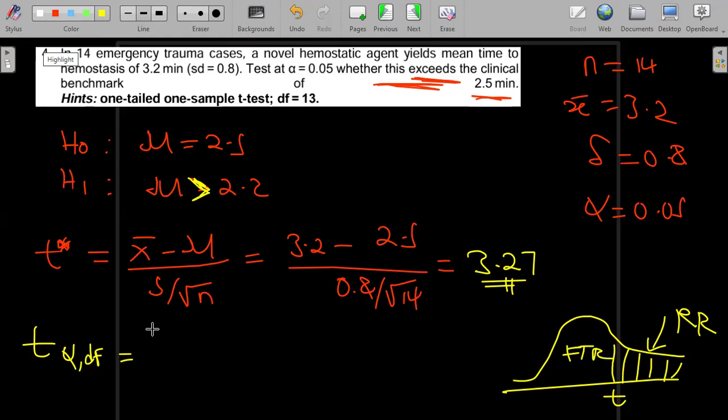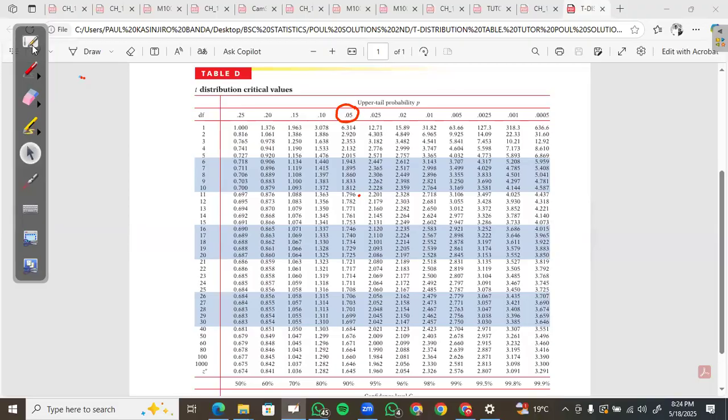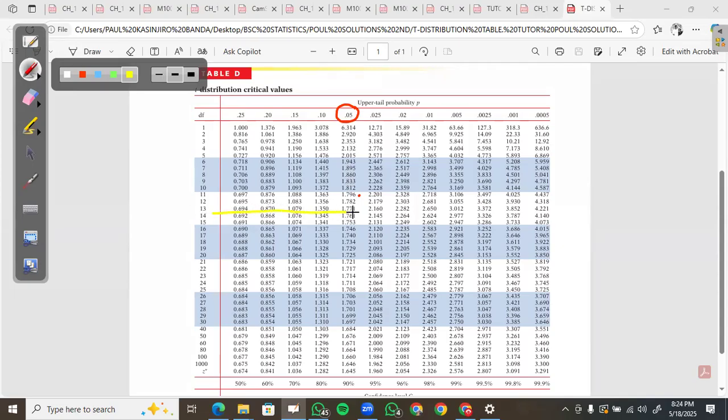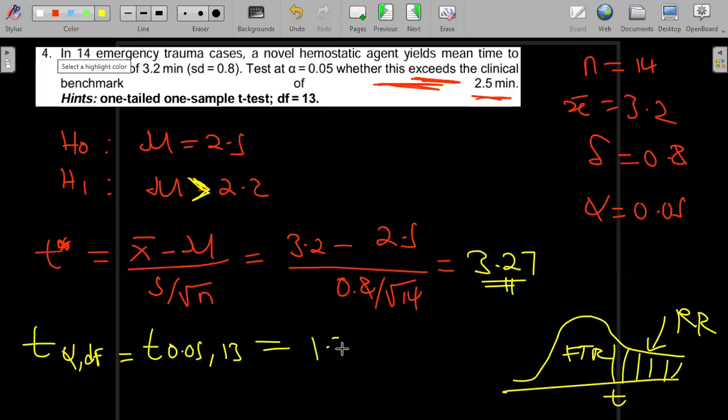So it will be t 0.05, comma 14 minus 1, which is 13. We are looking for this value from the table. 0.05 is still this one, and then 13 will be there. So this value here is 1.771, which is the critical value.